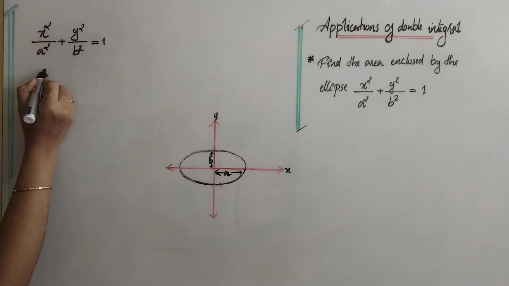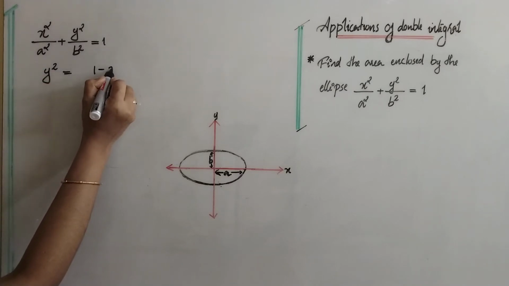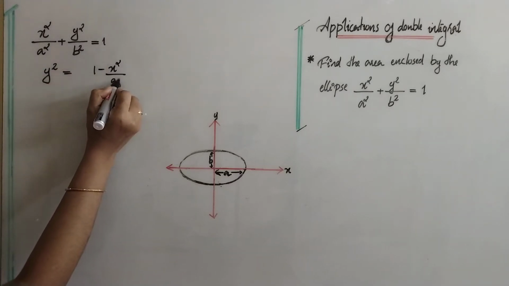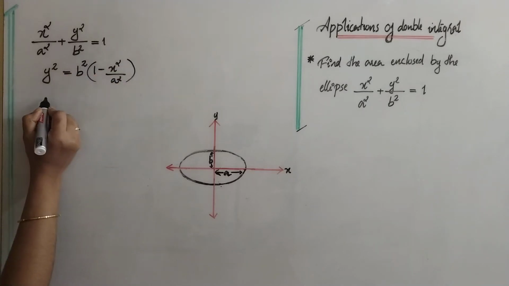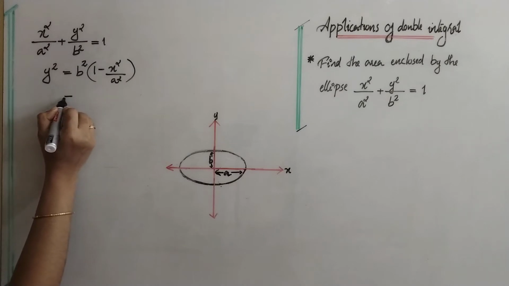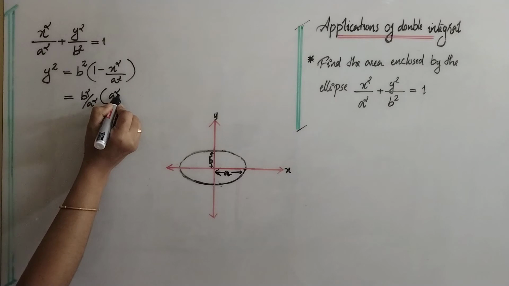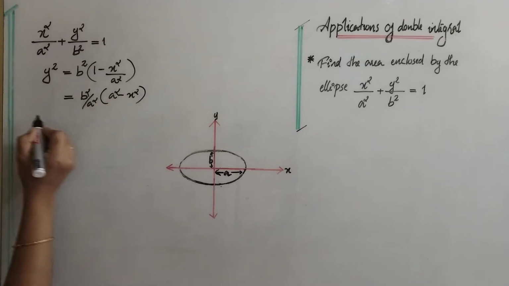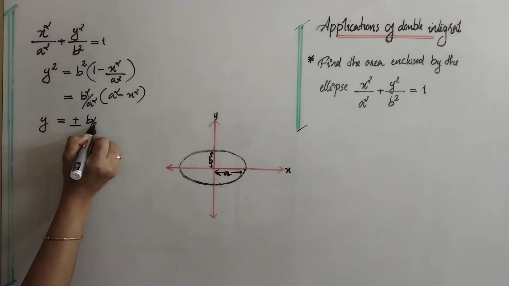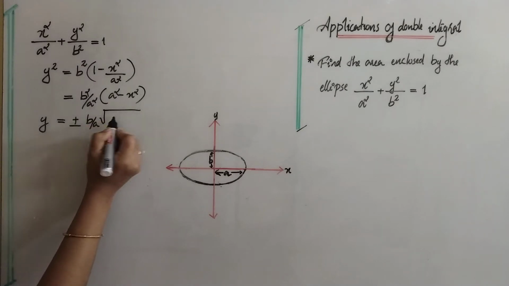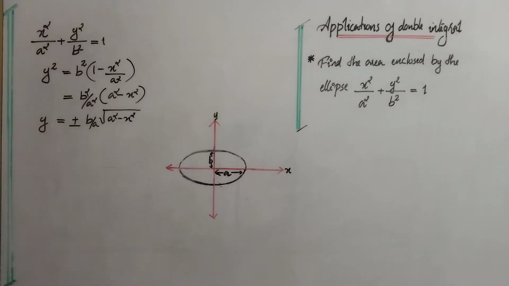From this equation we get y square is equal to 1 minus x square by a square into b square, or b square by a square into a square minus x square, or y is equal to plus or minus b by a into root of a square minus x square.